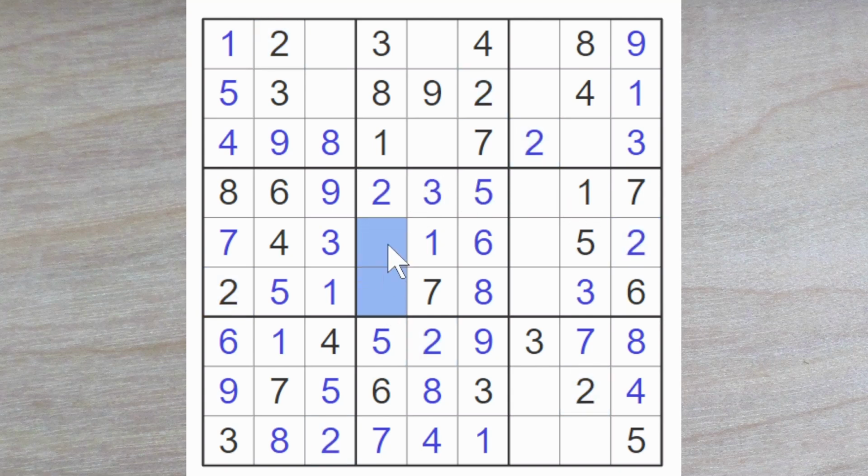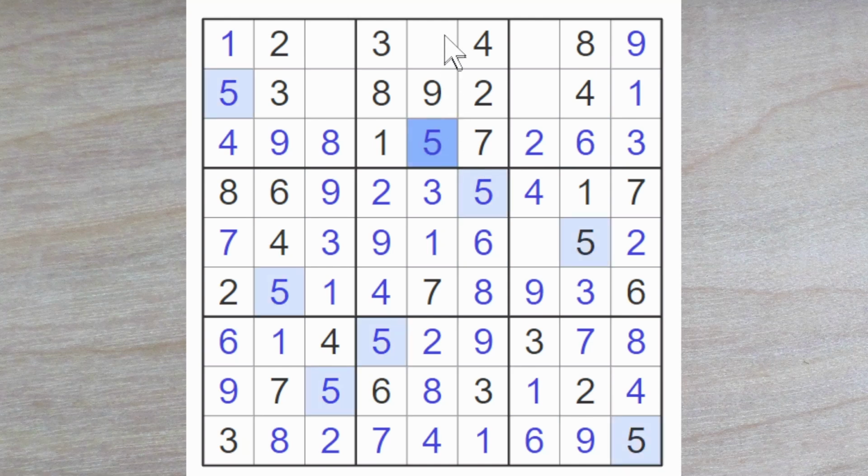4 and 9 still for these two, if I recall. This is a 4, making a 9 here, and a 4 here, and a 4 here. 9, 9, 9, 9. 1 must go here, and a 6 here, making a 6 out of this square.